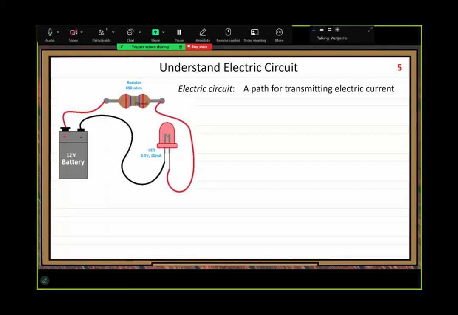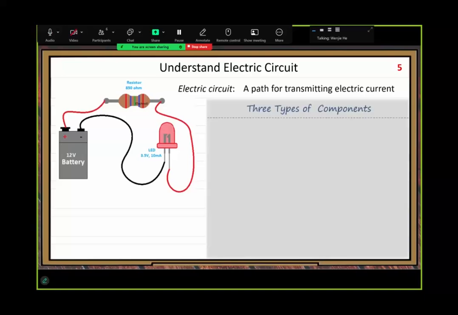So here, the current we cannot draw, right? But we need to imagine the current flows through an electric circuit. So in our discussion, we will talk about the current.